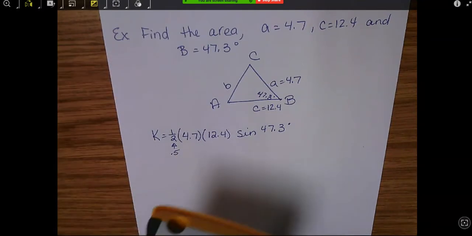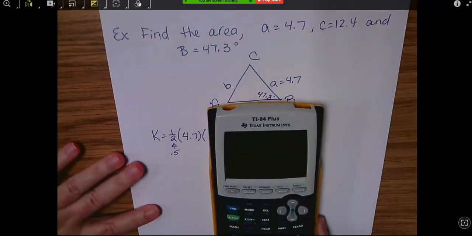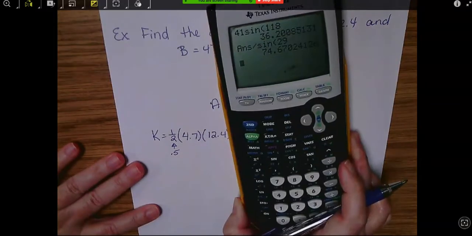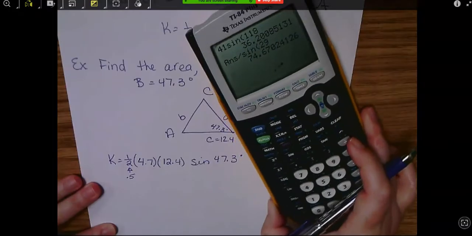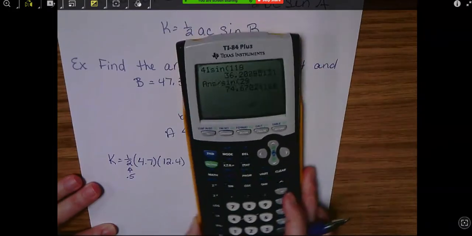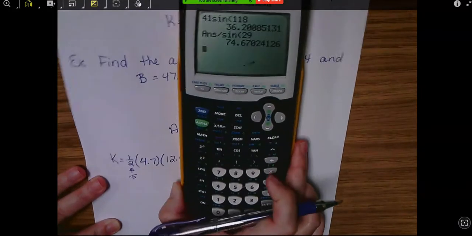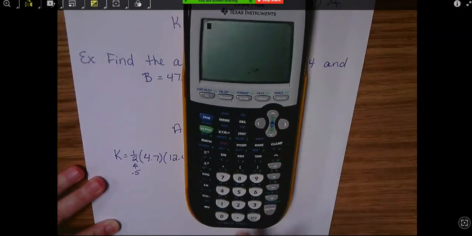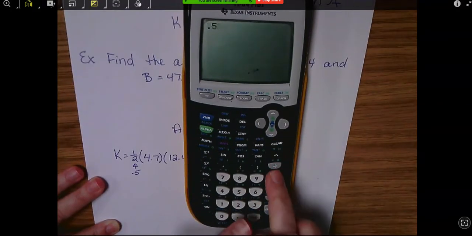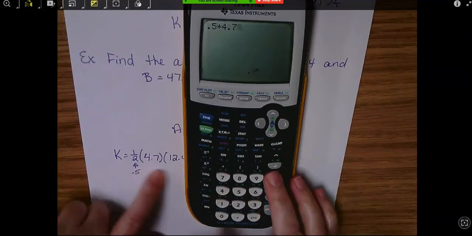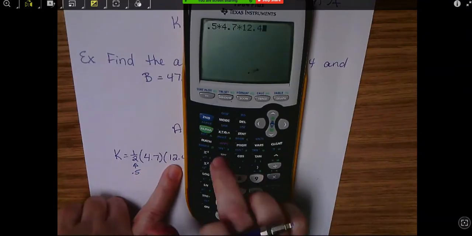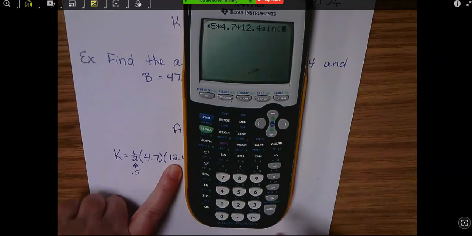So let me get my calculator going. Can we get it all in there? Let's see. We'll try. Okay. Clear, clear, clear. So it's 0.5 times 4.7 times 12.4 sine, what was it? Oh, good.